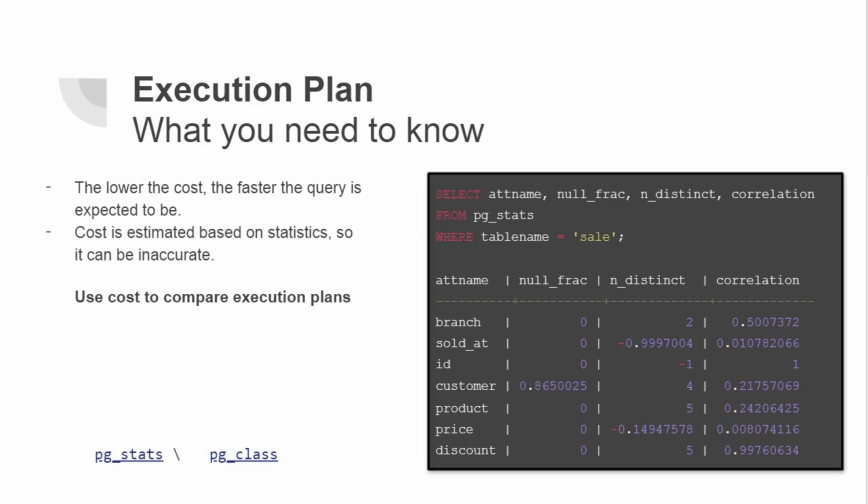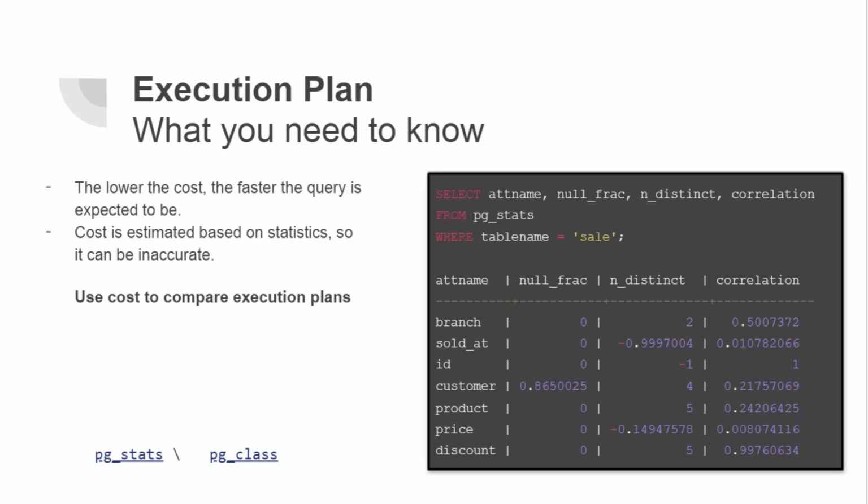Another interesting metric here is the n distinct. This metric says how many distinct values are there for each column. So let's take a look at the branch, for example. The branch is 2. We know that we have 2 branches. We got New York and LA. So the database analyzed the data and found that there are only 2 distinct values in the table.